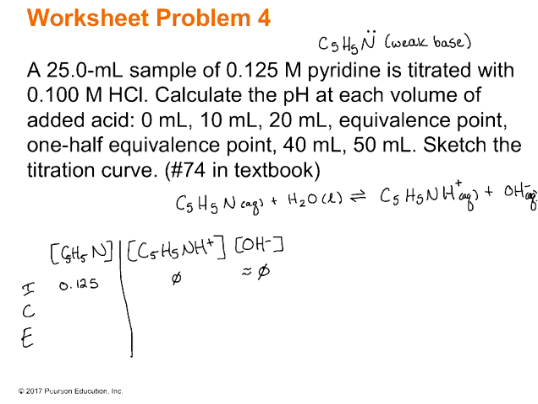So we are going to lose a little bit of our pyridine, and we're going to see an increase in the conjugate acid as well as the hydroxide ions. And then at the equilibrium point, we have 0.125 minus X for our reactant, and then X and X for our two products.